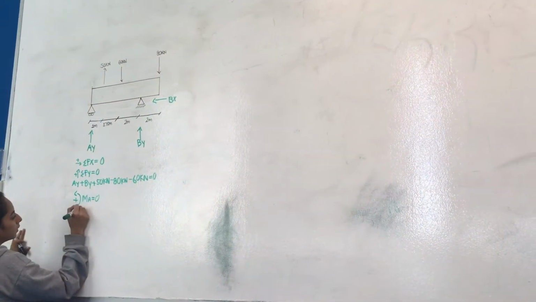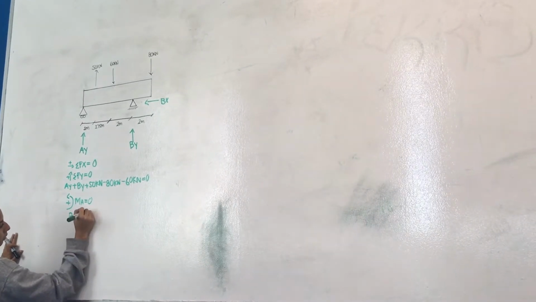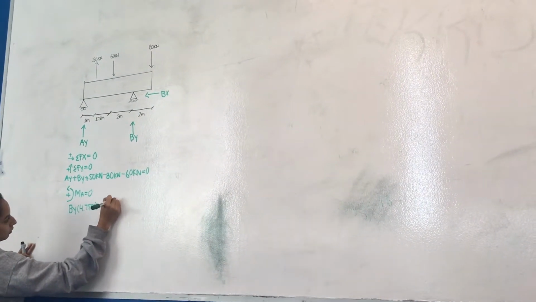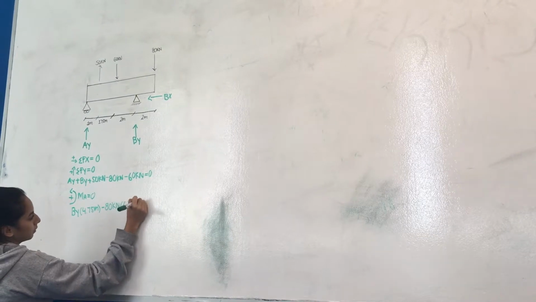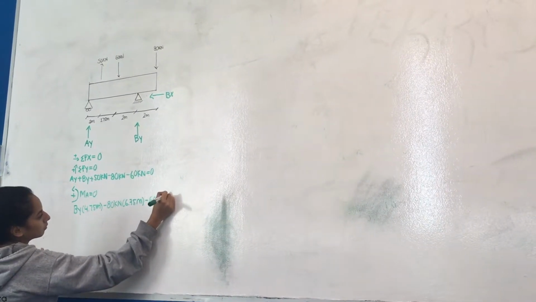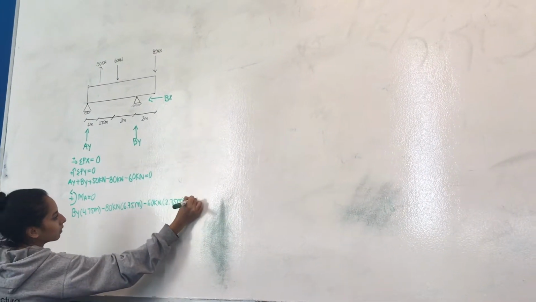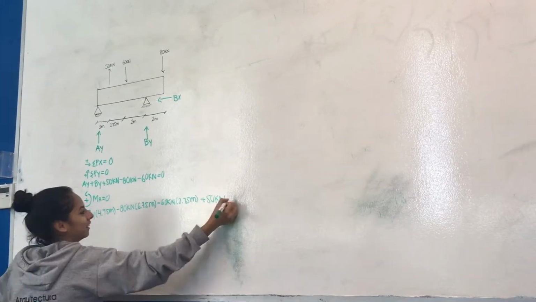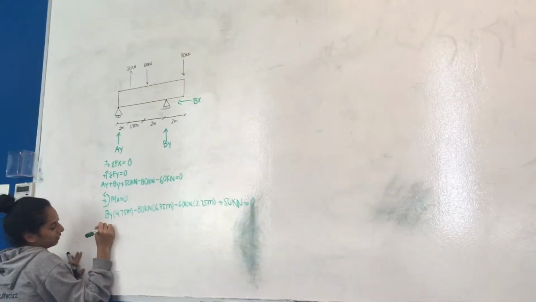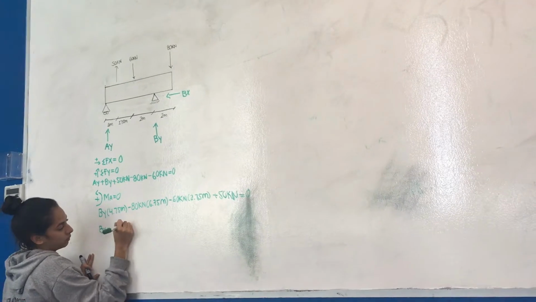The moment is BY multiplied by 4.75 minus 80 multiplied by 6.75 minus 60 multiplied by 2.75 plus 50 equals 0.